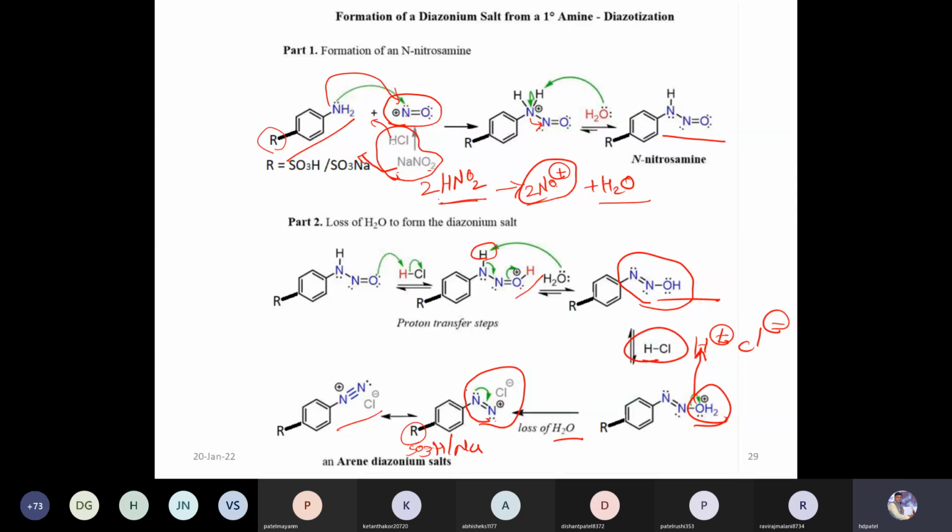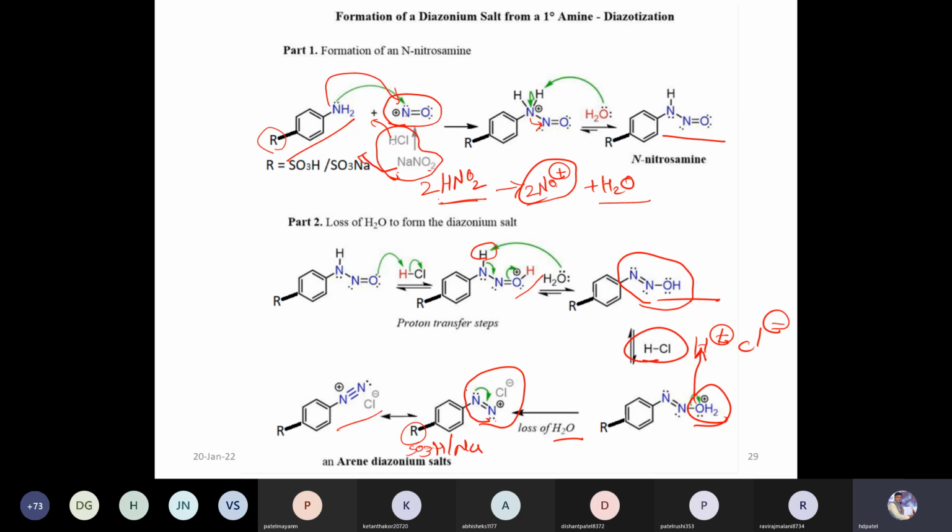So this is the reaction mechanism for generation of diazonium salt from amine. Here, as the amine, we have taken sulfanilic acid. So we can say the diazonium salt will form from sulfanilic acid.